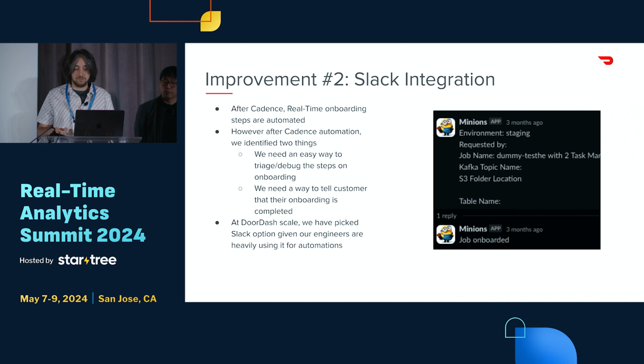So we looked at alternatives within DoorDash, and we found that the Slack integration is very popular, and a lot of automations are built on Slack at DoorDash. We said, let's use DoorDash's Slack integration to enable steps on onboarding, and when it's finished, let the user know that onboarding is finished so that they can reliably go to the table they're querying data from and be sure that the table is there and everything is set up for them.